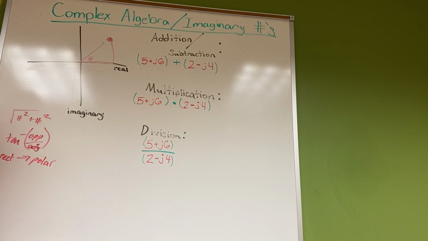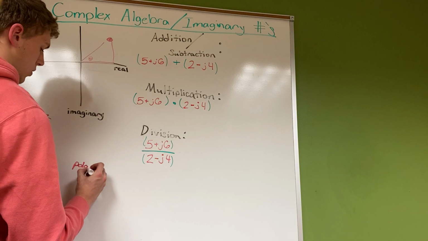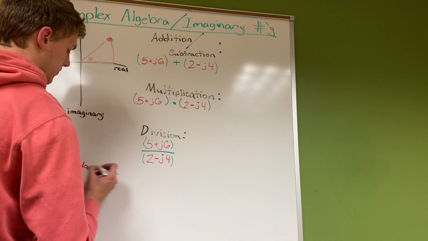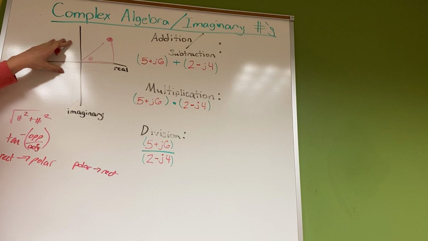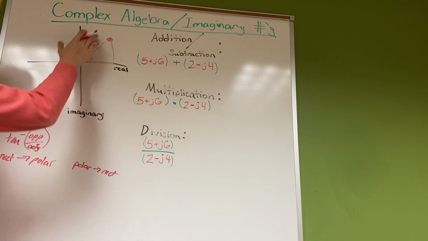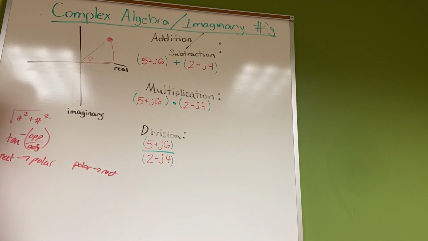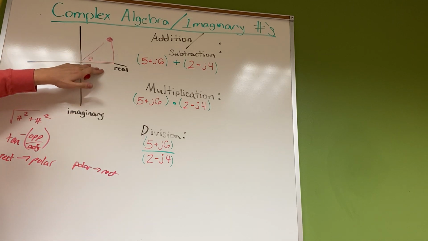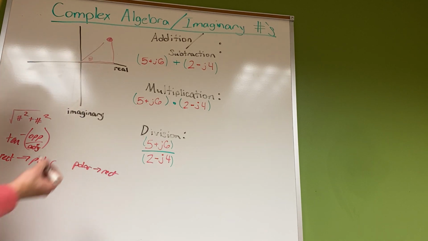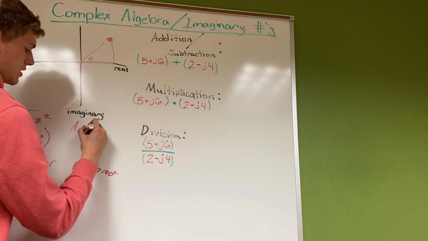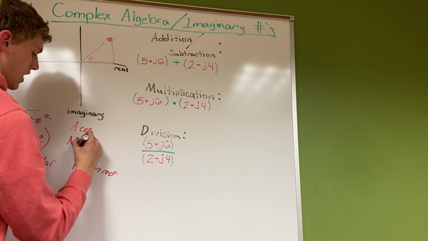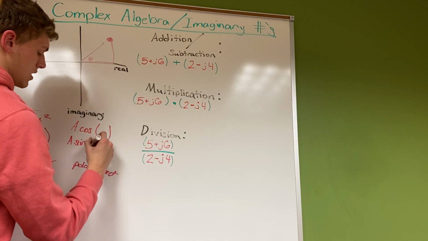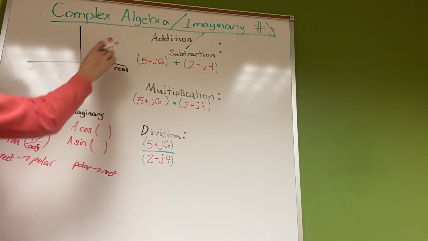Okay, and that is to go from rectangular to polar. The other way that I'm going to have to know how to manipulate these is to go from polar to rectangular. And in the same way, that is just going to be using some trig. If I was given this distance and this angle, I can do the distance times cosine or sine of the angle, depending on which one I'm looking for.